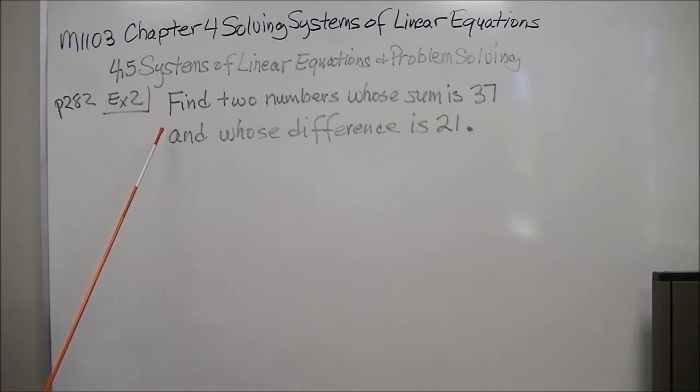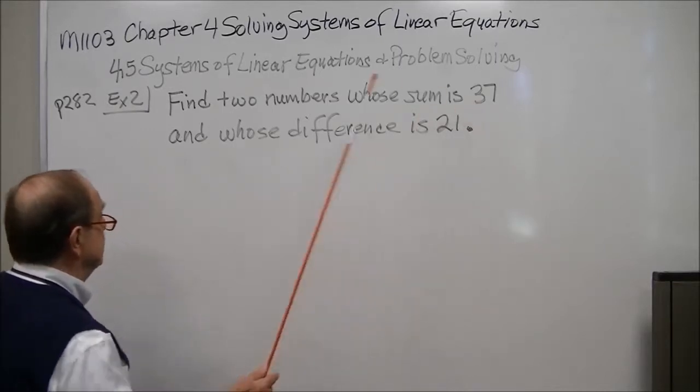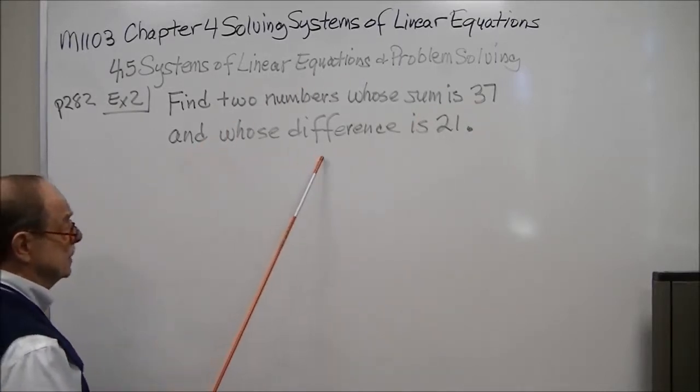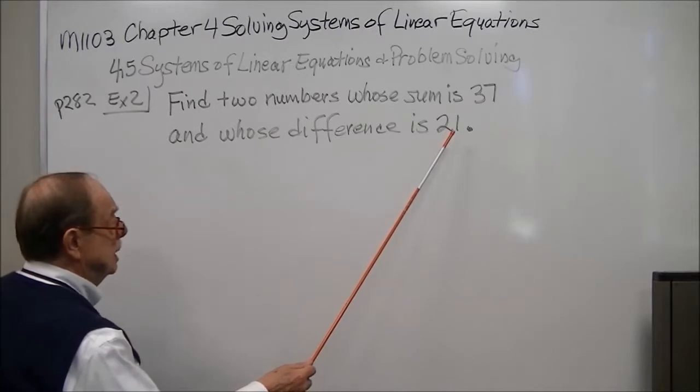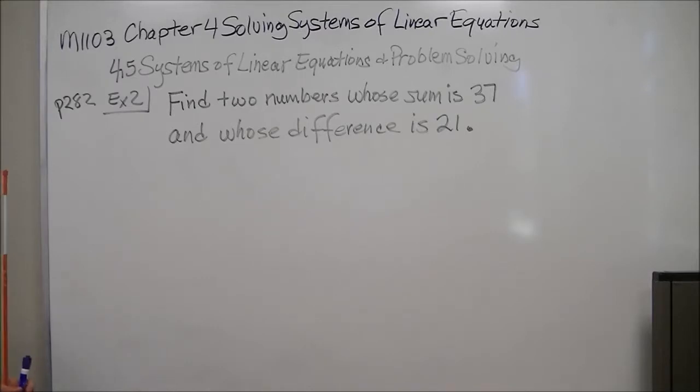But here, read this. Find two numbers whose sum is 37 and whose difference is 21. So the point being, this one is sort of easy, but you may have to read it again to try to understand what they're saying.